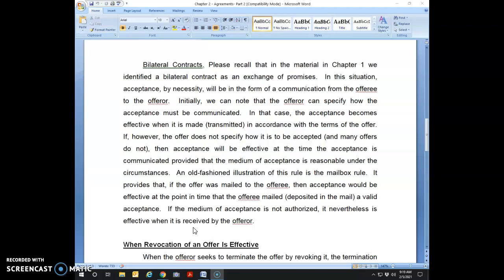And I always use this ridiculous example, on purpose ridiculous, where the offeree does not mail it back or call or otherwise communicate, except by hiring a plane and having the plane drag a banner over the football stadium saying to the offeror, I accept your offer, with enough of a description to identify it, and the offeror happens to be in attendance at the football game and sober enough to look up and see the banner, in which case at that point acceptance would be effective. That's what we mean by that last sentence.